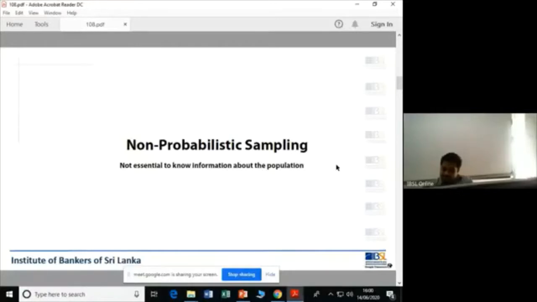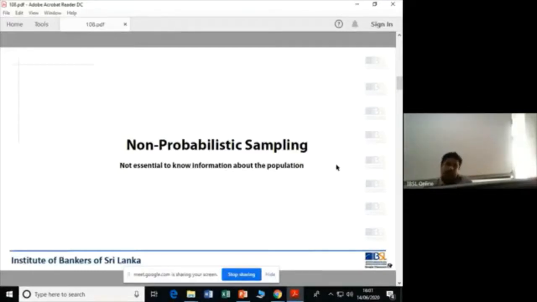You may make some educated guesses and select some people or data points or responses from the data which is accessible to the researcher. Now, in that instance, we are fundamentally introducing bias, because we know that there may be 1.5 million students in Sri Lanka who are completing the A-level examination, but we can't reach them all.